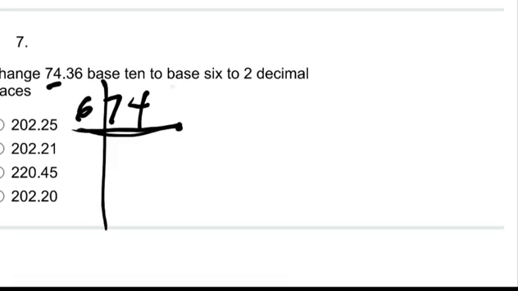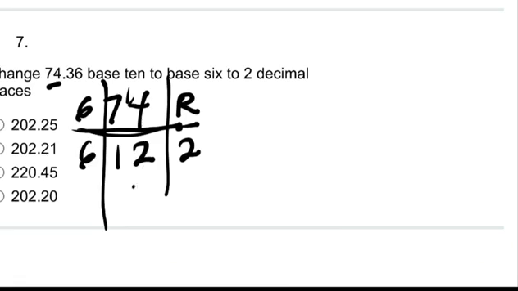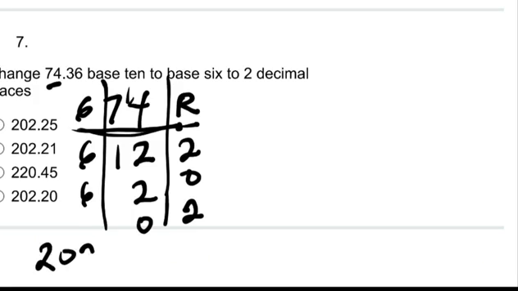So 6 in 74, that is 12 remainder 2. 6 in 12, that is 2 remainder 0, and 6 in 2, that is 0 remainder 2. Put your arrow here, right? So the whole part will be 202.